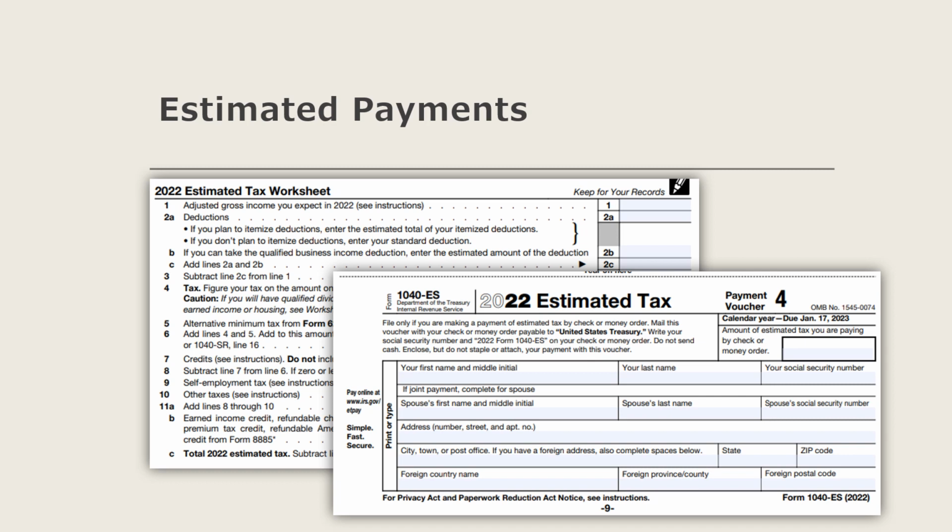So in this 1040-ES form, there's an estimated tax worksheet that helps them estimate what they think their income will be over the course of the year. And then there's this voucher that they fill out and send in with the payment. And the due dates for these payments are quarterly. So this is another way that our taxpayers can make sure that their withholdings during the year are enough to cover their tax liability.